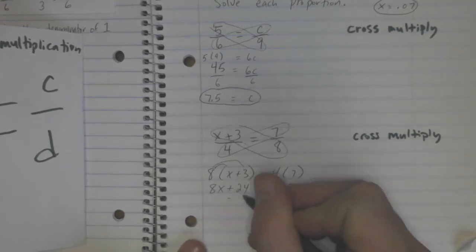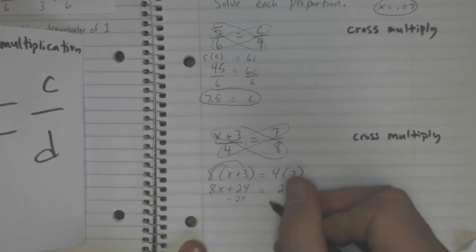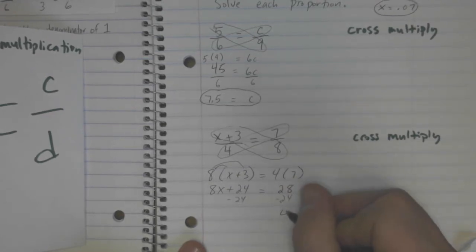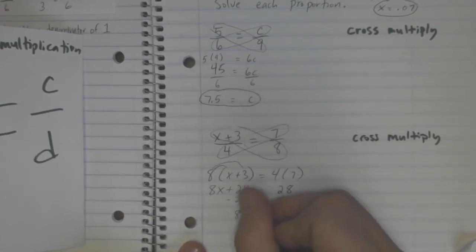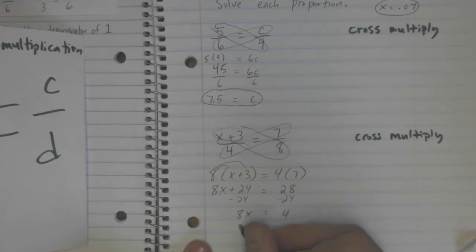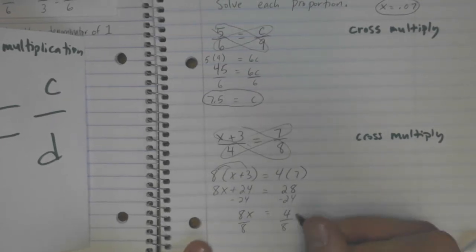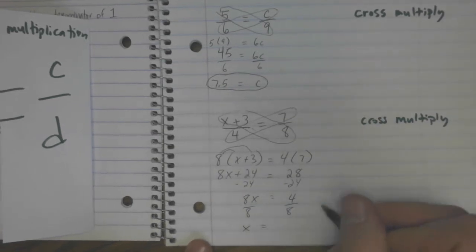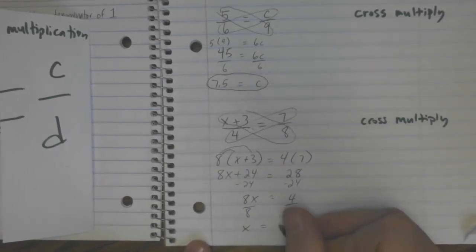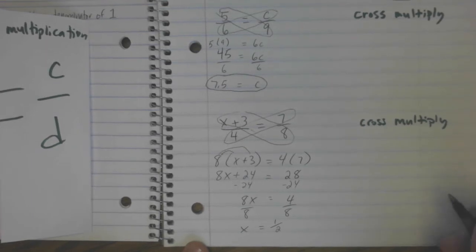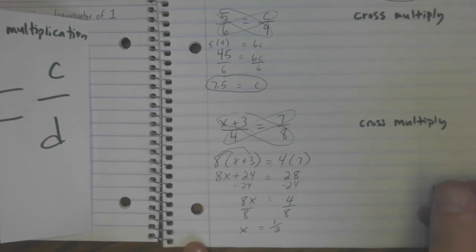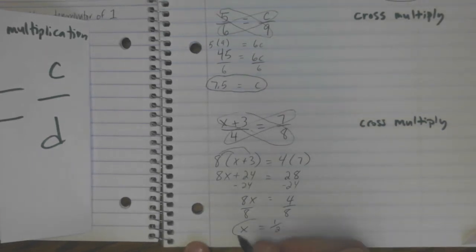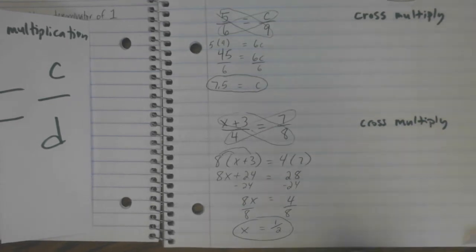So we have to isolate the variable: subtract 24 from both sides, 4 on one side, 8x on the other, divide by 8. That's the opposite of multiply by 8. So we get x equals 4 divided by 8, which is the same thing as 1/2. So x equals 1/2.